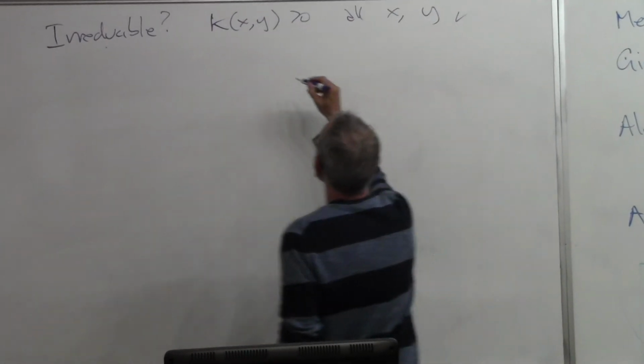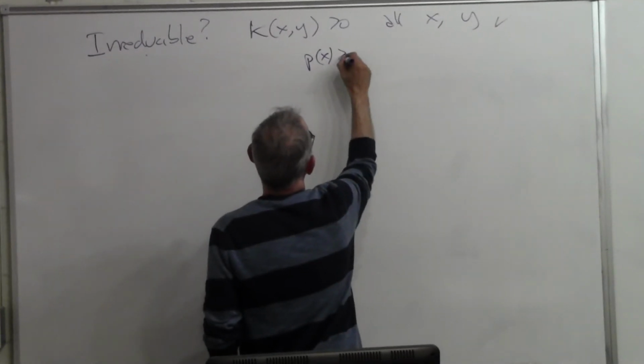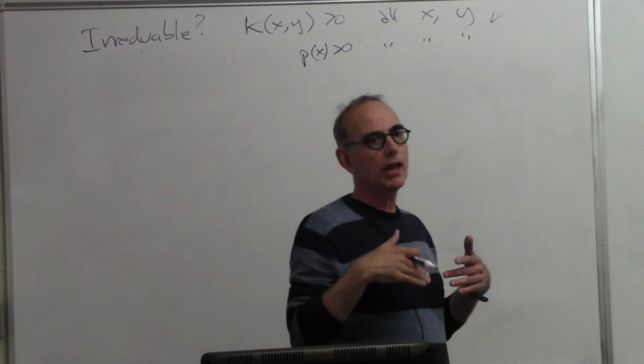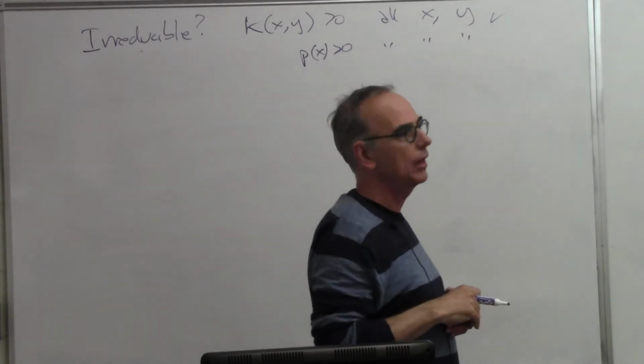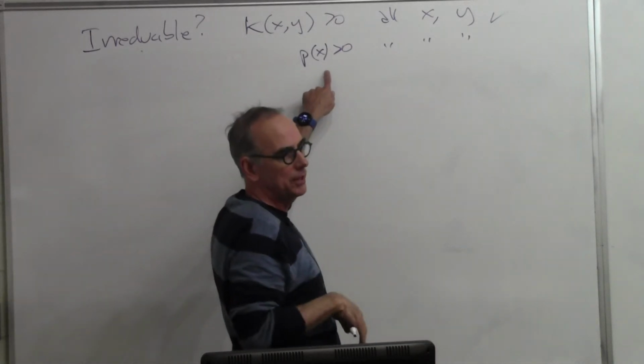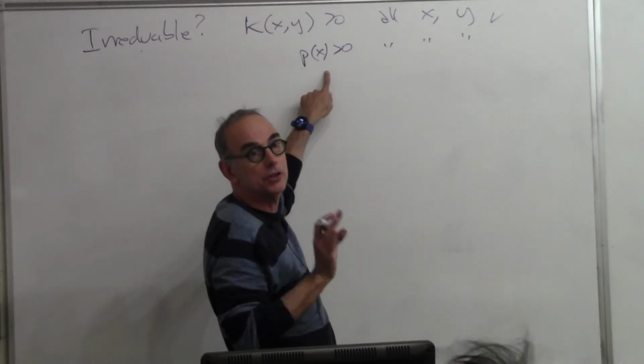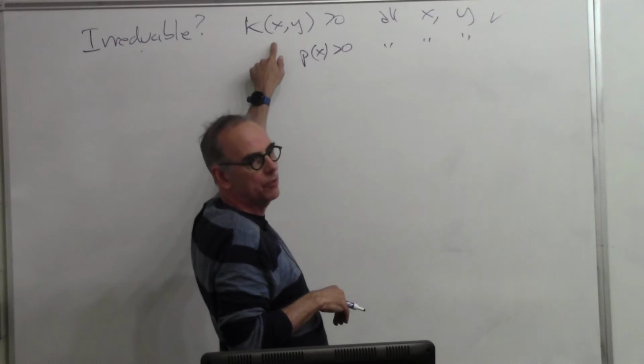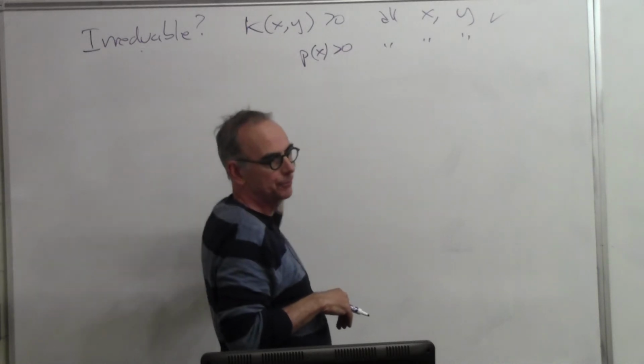And P as well, because you might as well just take the states, throw away states for which P of x is 0. Who cares about those? Just toss them. And all the algorithms we look at have this property. This is positive everywhere.